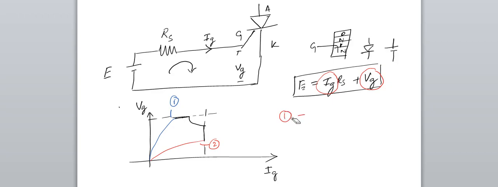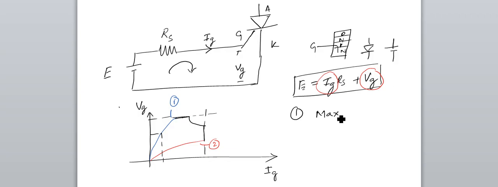If you see curve 1, it requires a very small amount of current for a very high gate voltage. This shows that your SCR has a maximum doping level.